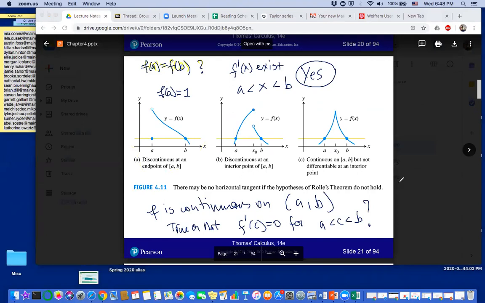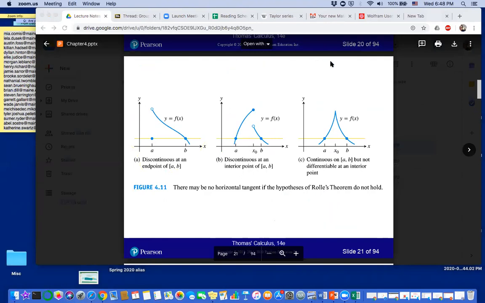Okay, 5 nays and 4 people are keeping silent. It's correct. No is correct. Okay, so what gives? What's the problem? The function is differentiable on an open interval.